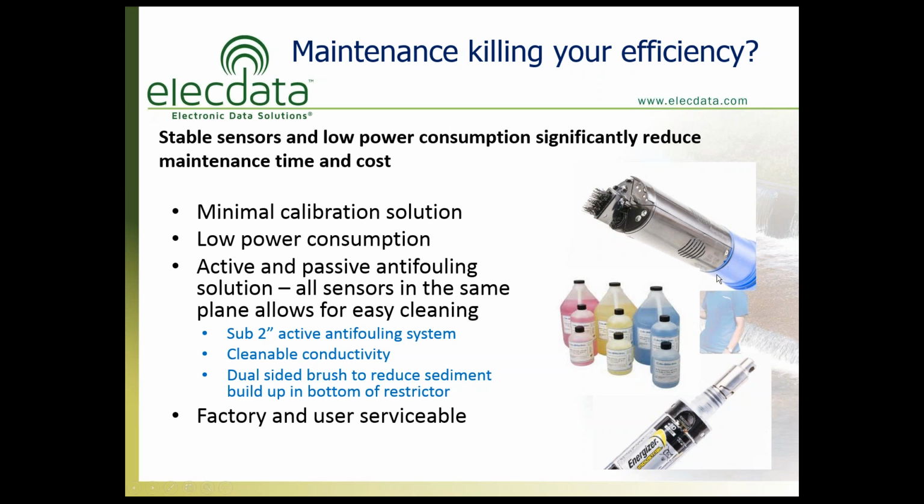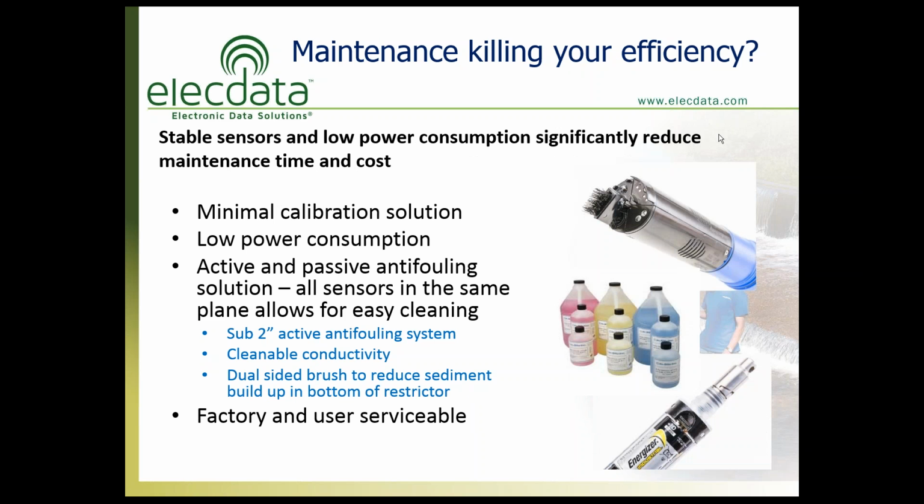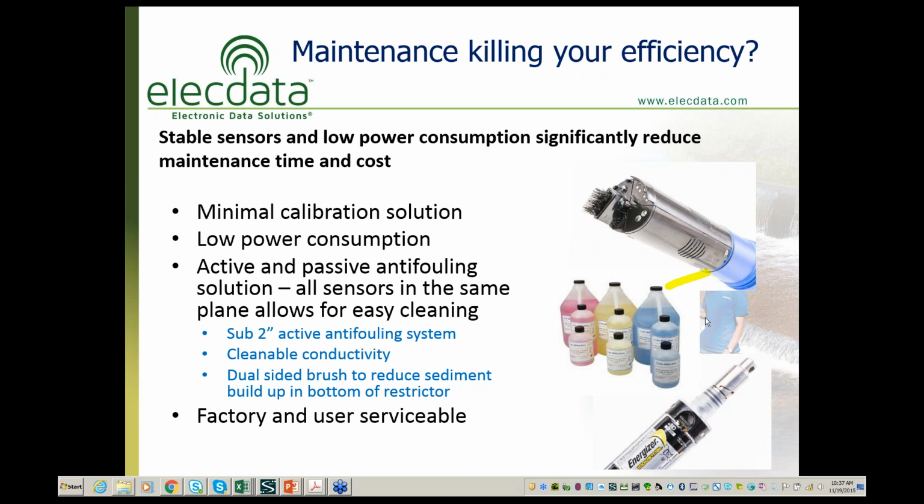The sensor has O-rings right here and further down here, so you can reverse that sensor guard, slide it on so the holes are actually covered up between these two O-rings, and that'll hold the storage solution inside of it. And when you get to the site and you're ready to take some measurements or deploy it, you just simply flip that sensor guard around, put the cap or the plug in the other side, and you're ready to go. So it reduces the number of things you have to take out to the field.